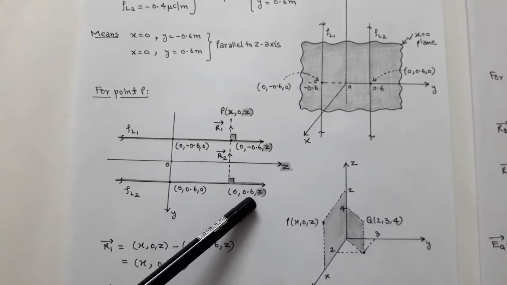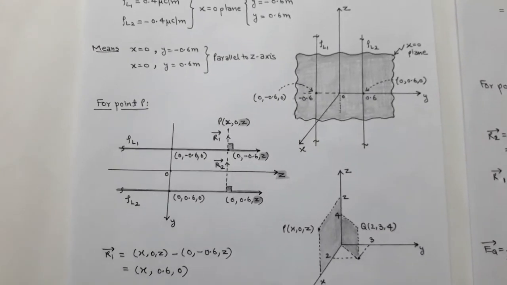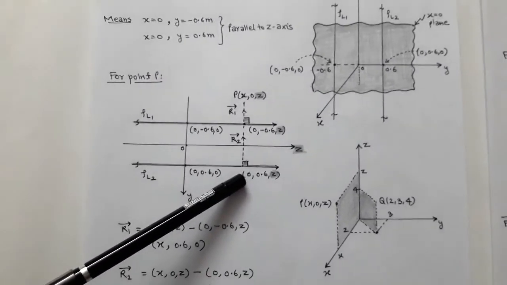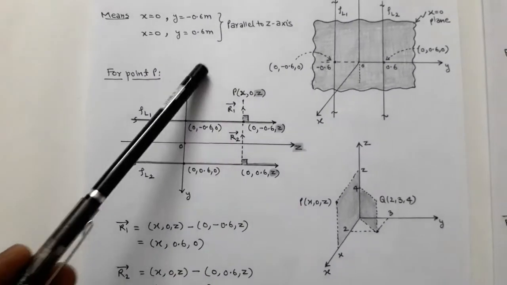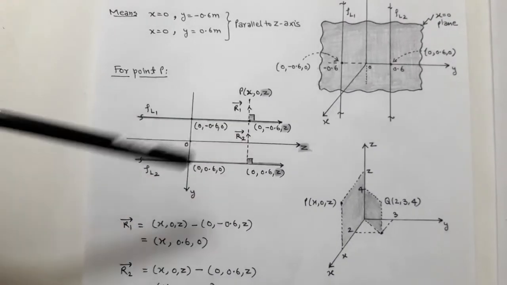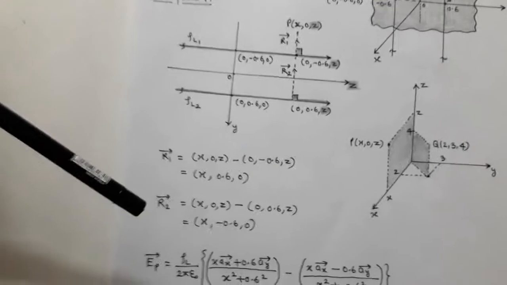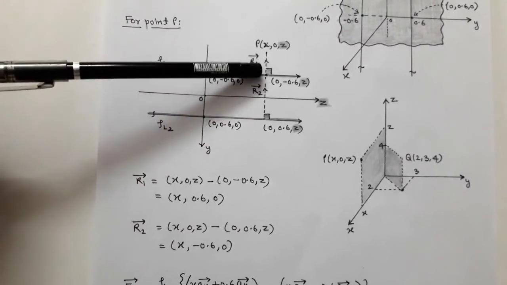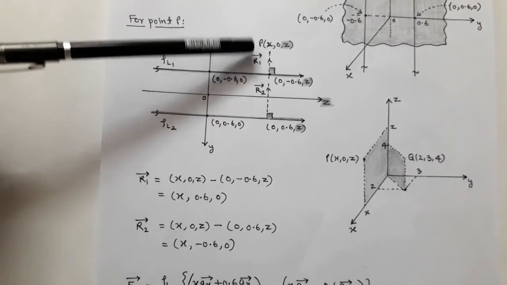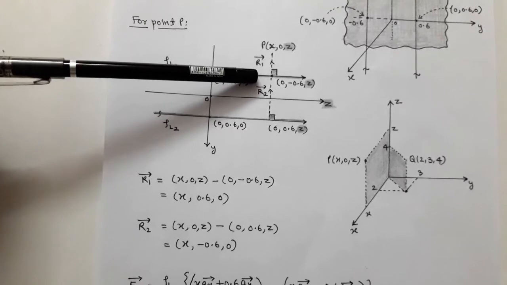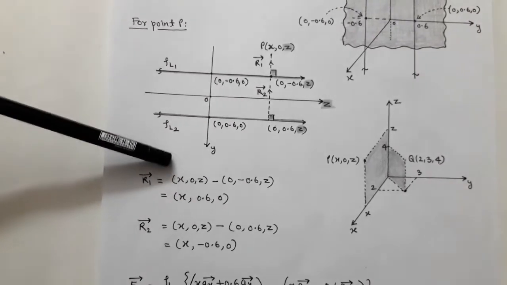So after drawing a perpendicular onto rho L1 and rho L2, the direction of this vector is towards point P. So for the first line charge rho L1, the vector is R1, that is final point minus initial point, that is x, 0, z minus 0, minus 0.6, z.